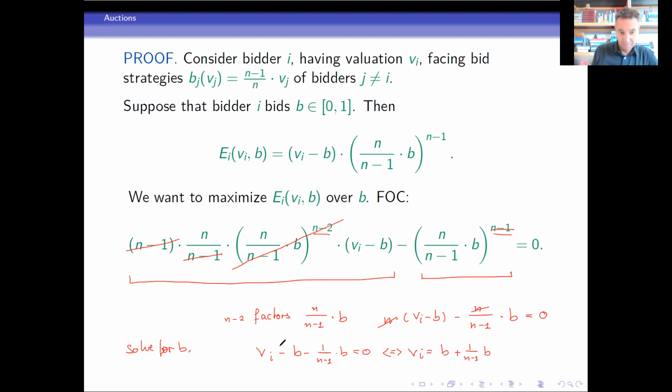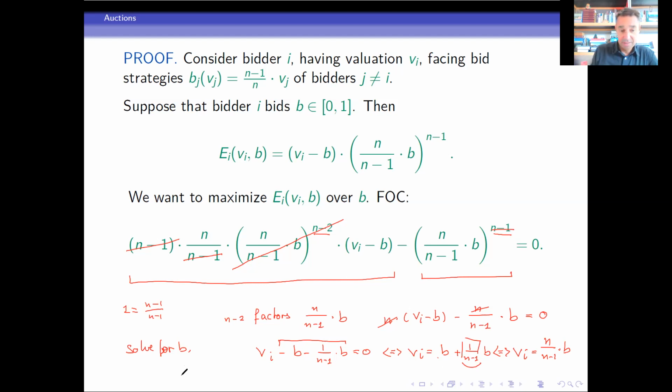You put all this on the right hand side, and then it reads like that. What is this saying? This is saying that vi should be equal to n divided by n-1 times b, and also 1 times b plus 1 over n-1 times b. And of course, 1 is the same as n-1 divided by n-1, and then you add one more.